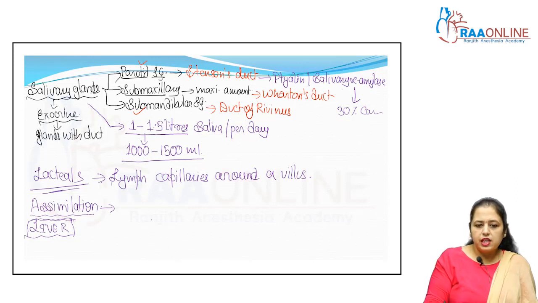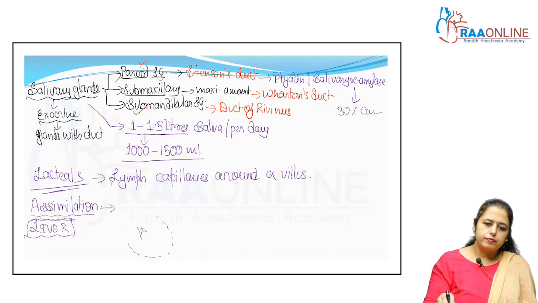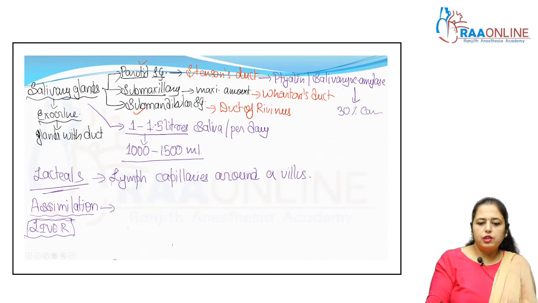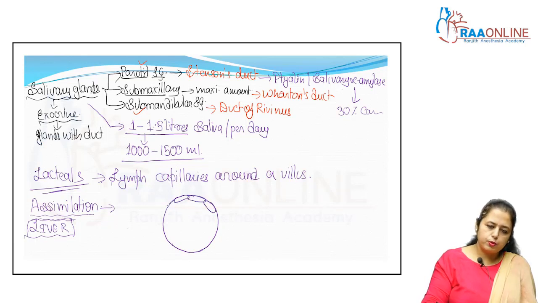When we see the cut section, a number of hepatic lobules are there, and hepatocytes are arranged in the form of cords. Each hepatic lobule is covered by Glisson's capsule, which is a sheath of connective tissue.